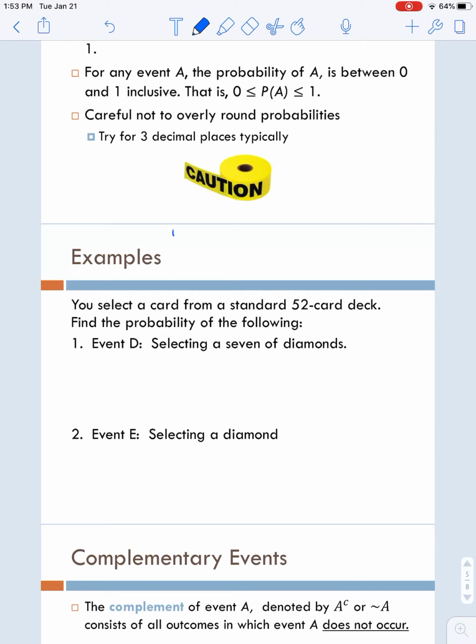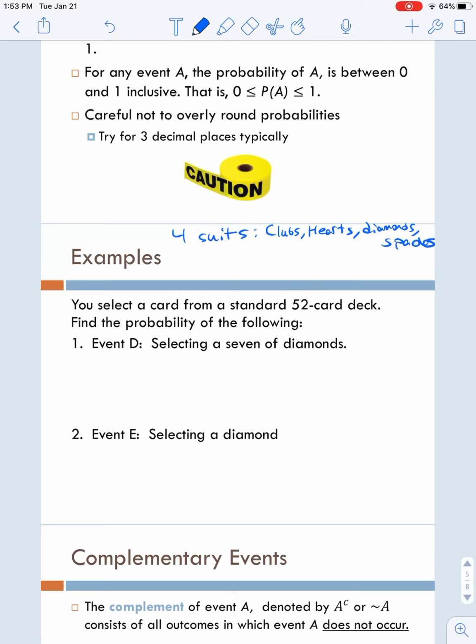There are 4 suits, that being clubs, hearts, diamonds, and spades.